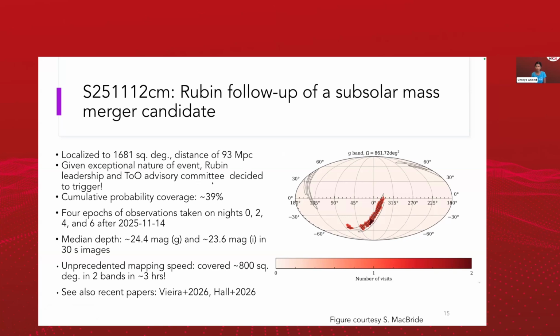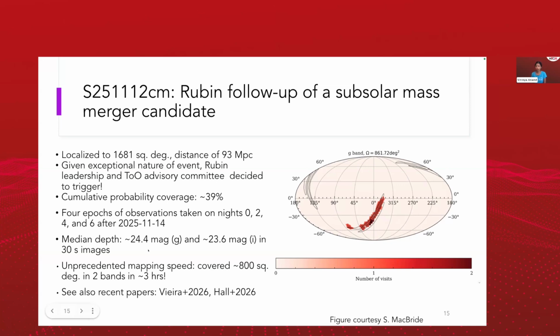So given the exceptional nature of this event and the fact that it had a chance of producing an EM counterpart, the Rubin leadership and the TO advisory committee together decided to recommend triggering on this event. We're able to cover 39% probability with Rubin, which corresponds to the southern lobe of this large sky map, which also has some probability in the northern hemisphere.